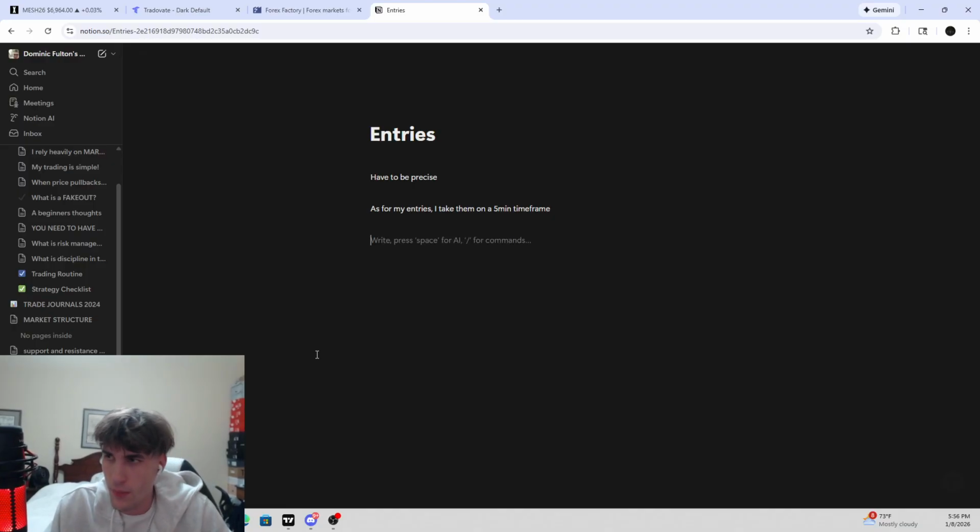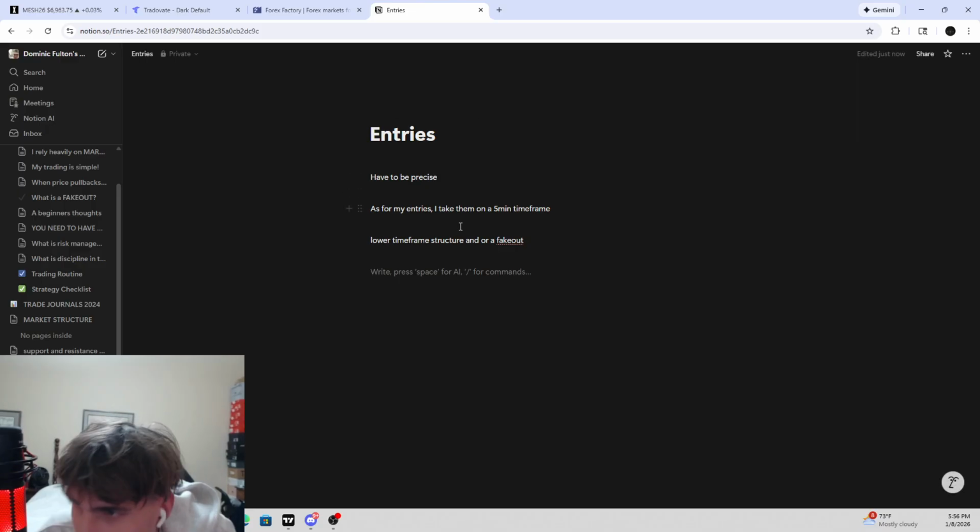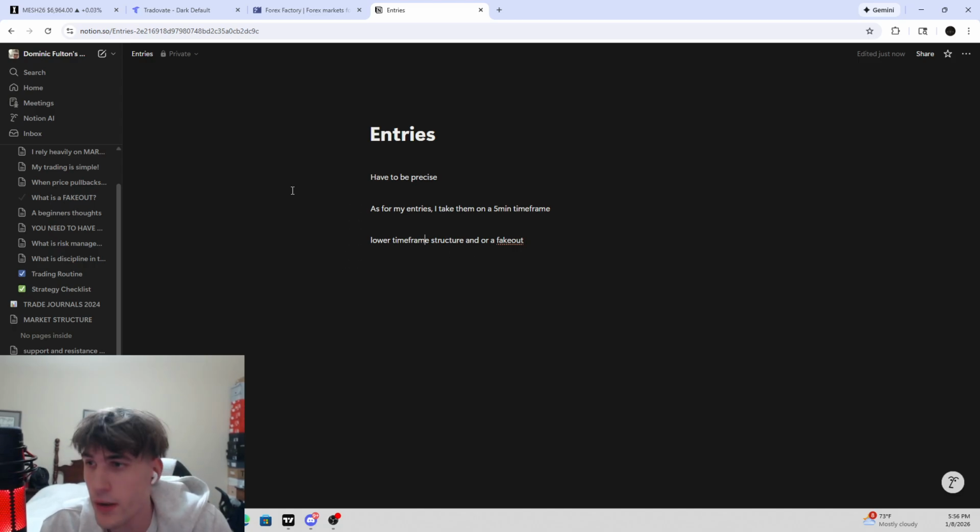And what did I mean by when price builds lower time frame structure? Lower time frame structure and/or a fake out as an indication. So before I take a trade, I want to see a fake out or lower time frame structure, or if I see both, that's even better.